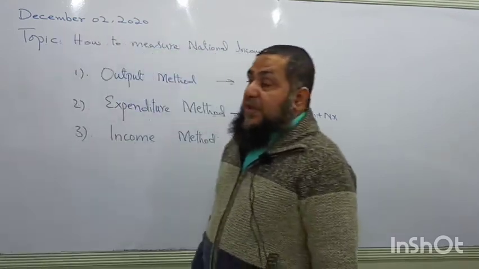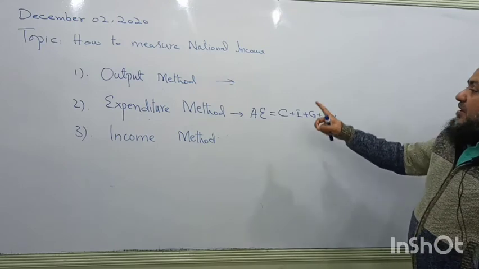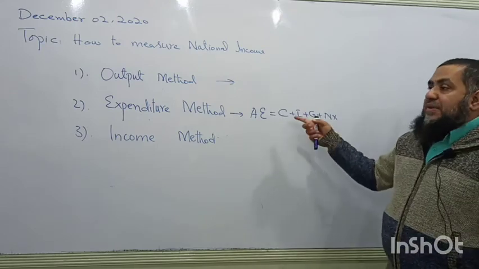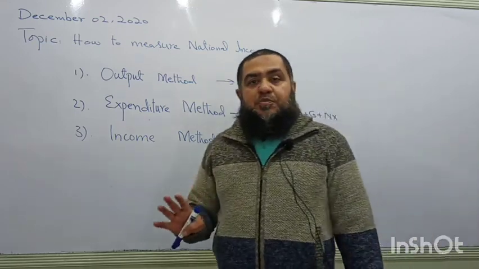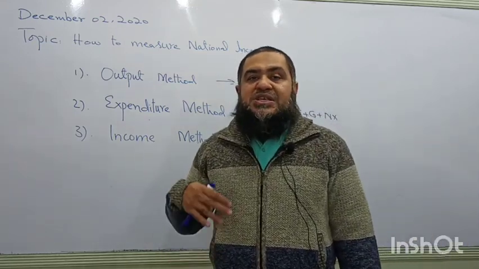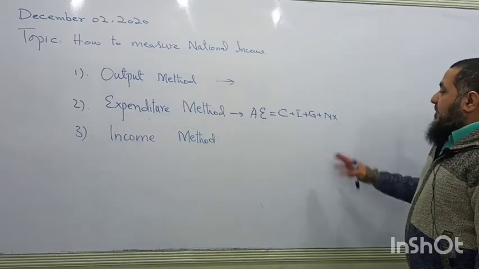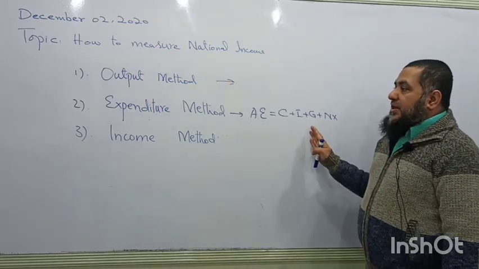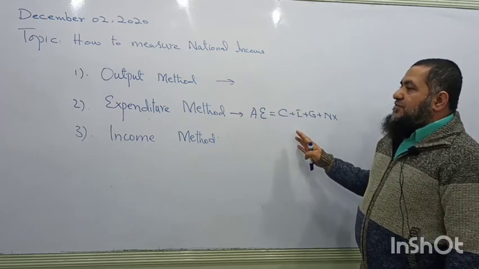These transfer payments are not included in the measurement of GDP by the expenditure method, because no corresponding output has been produced against these transfer payments. So the transfer payments are excluded from the expenditure method of measuring GDP.